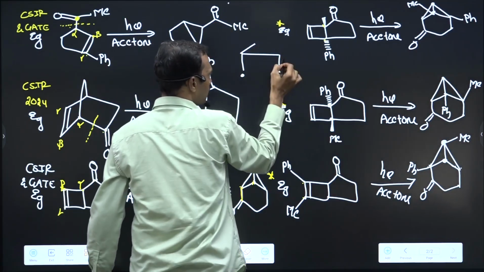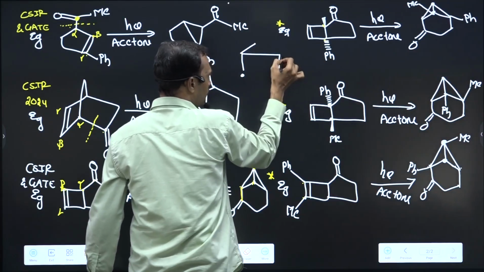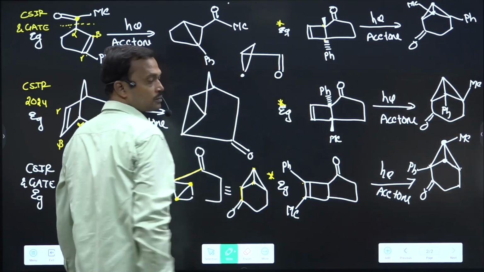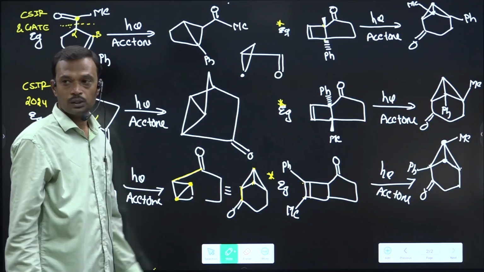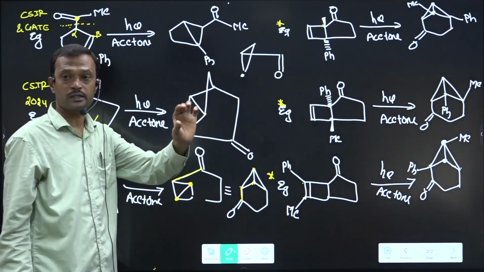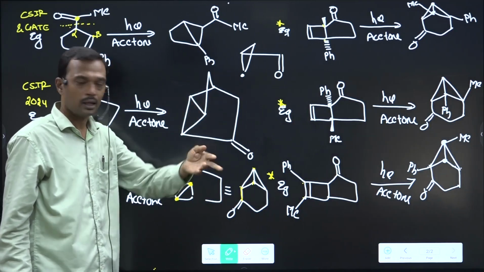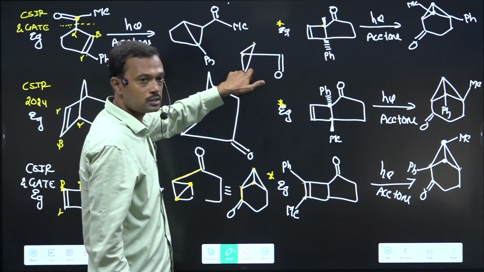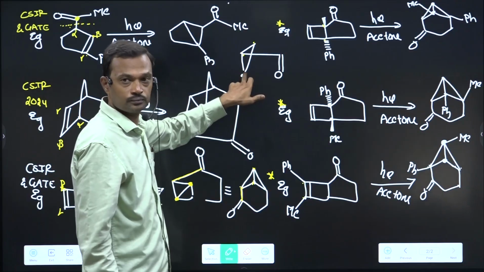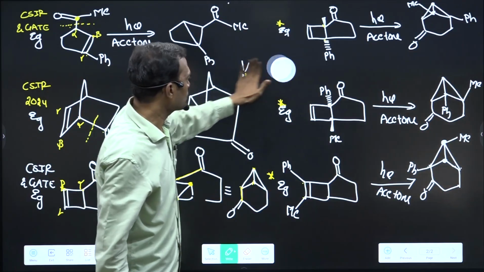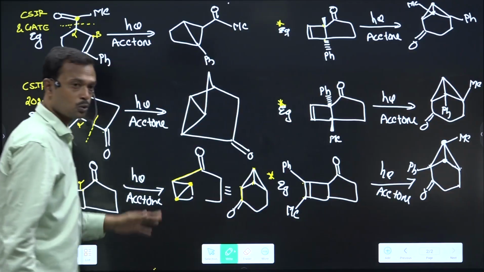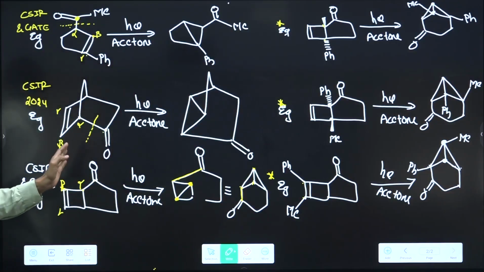If it is unstable, break this bond and write a double bond here, join these two. That is the answer. Whichever side the carbonyl group is present, that carbonyl always gets back to carbonyl, and the alpha carbon becomes a cyclopropane. Clear? So these last 4 to 5 examples are most important for the CSIR examination.